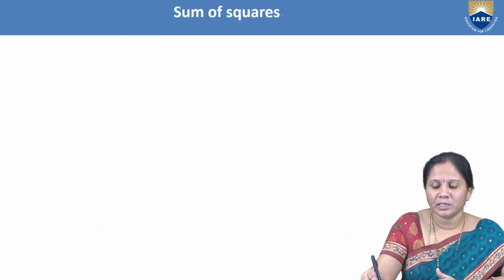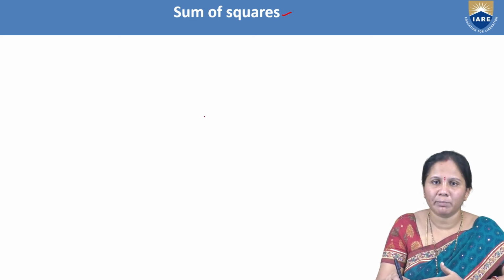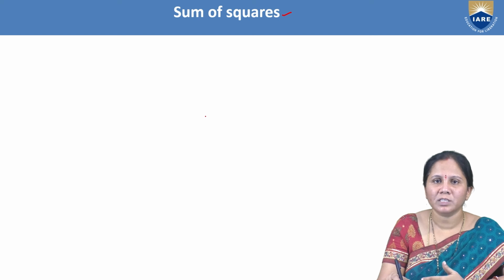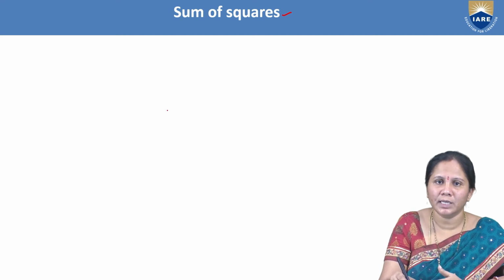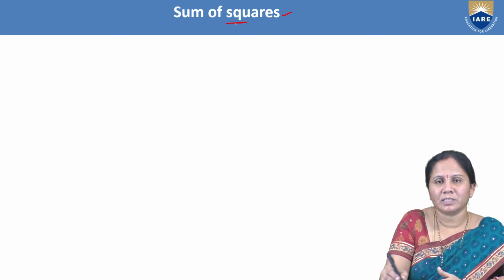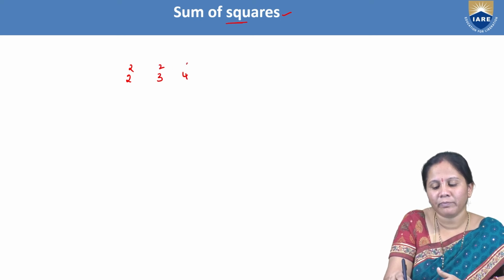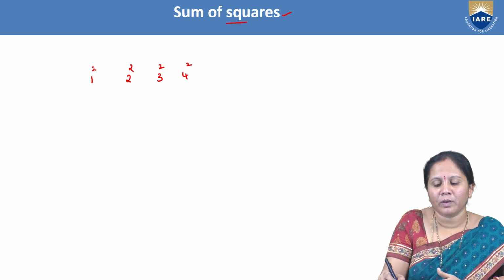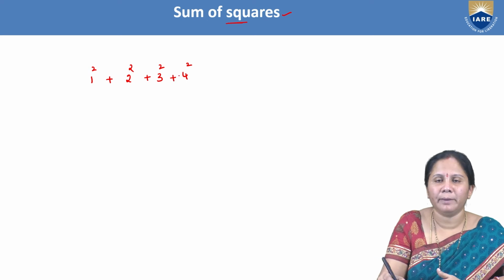And the next one is sum of squares. Here we need to take some numbers and perform the sum of squares operation. For example, how many numbers we have to take, that value should be loaded into the CL register. If you want to perform sum of squares, that means we have to take numbers, square them, and perform the sum operation between them.